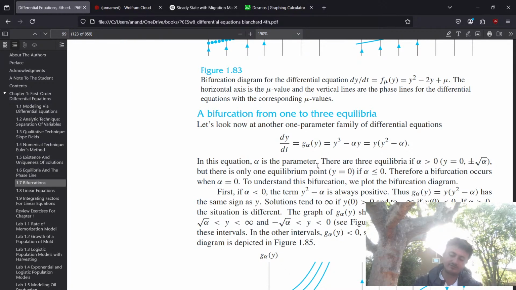Okay, so immediately, if we set it to 0, we get 0 equals y cubed minus alpha y. Then we get alpha y equals y cubed. Then we get alpha is equal to y squared.